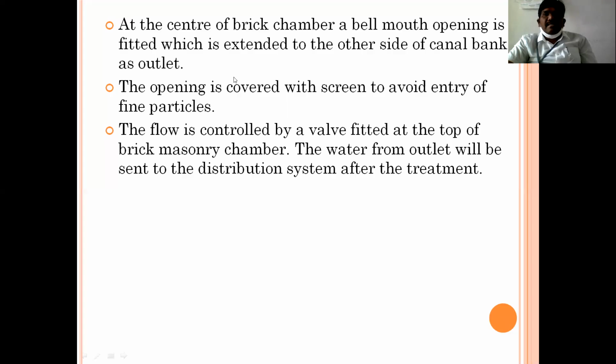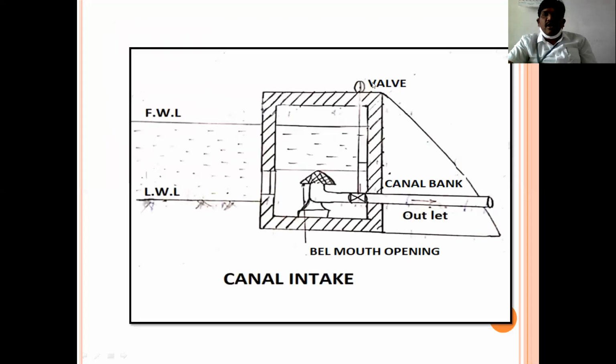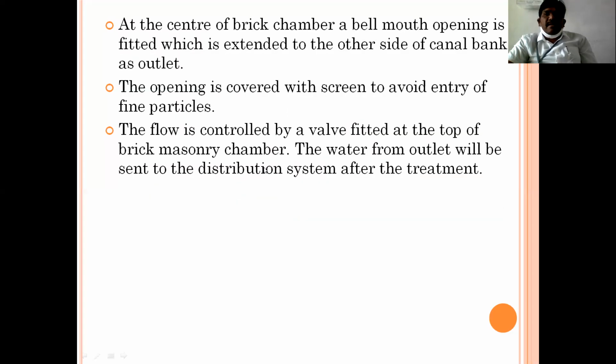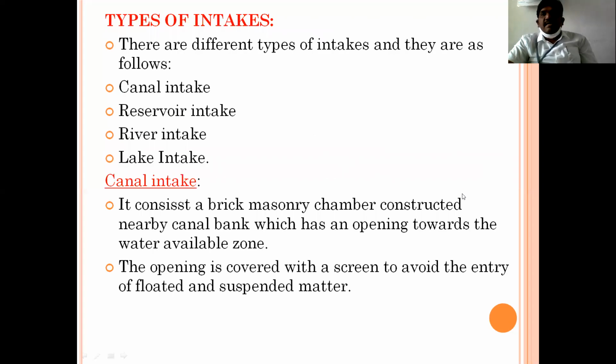This is the outlet. The opening is covered with a screen to avoid the entry of fine particles. The flow is controlled by a valve fitted at the top of the brick masonry chamber. The water from the outlet will be sent to the distribution system after the treatment.